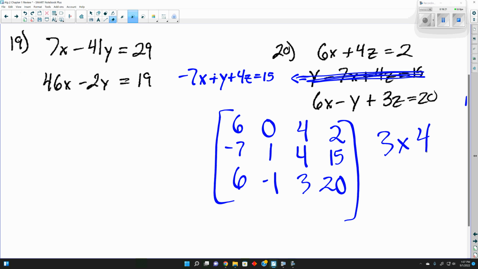Questions on this here? Now I will tell you these are some of the highest point problems on it, because I'm counting a half a point per element in that matrix. So each one of those that you get wrong is a half a point. Yep, so 6 and 0, if you had those flipped, that's a point, because it's a half a point for 0 being in the wrong spot and a half a point for 6 being in the wrong spot.